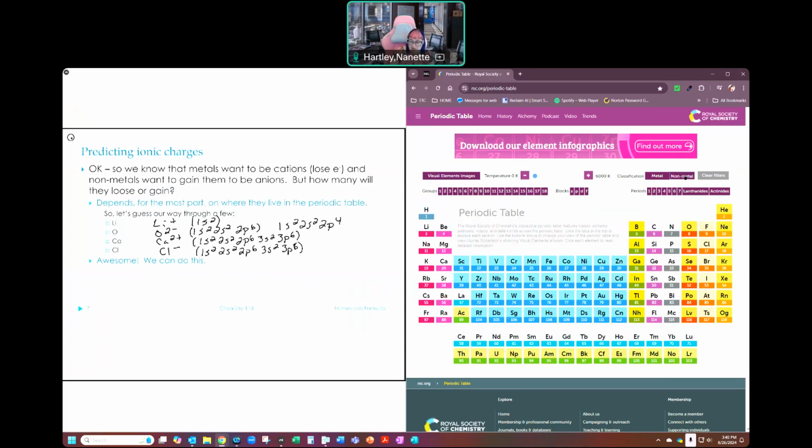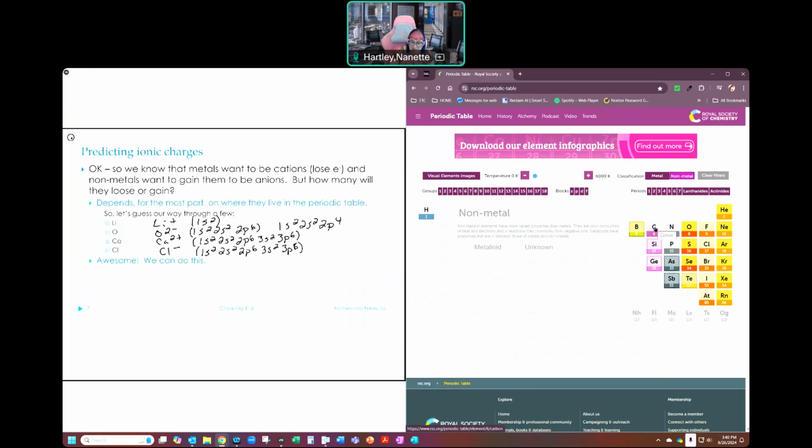And that's why he's a nonmetal and he tends to not get a charge. He tends to be in a nonmetal to nonmetal bond, and therefore he's doing something other than losing or gaining electrons. When we talk about our nonmetal to nonmetal bonds, they tend to be sharing their electrons. Okay, so they're not transferring them, they're sharing. Okay, so questions so far?